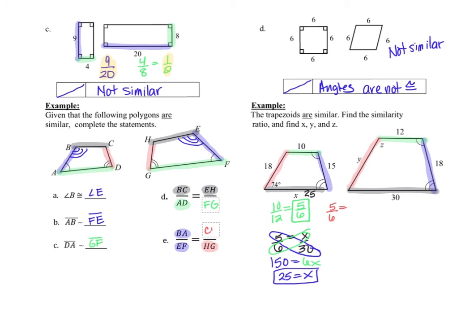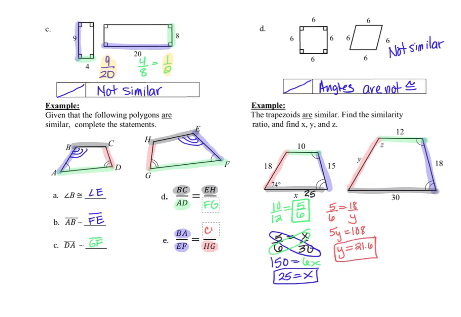So small to large would be 18 to Y, because if you switch the order up, you're going to end up getting the wrong answer. So if we do our cross products, we get 5 times Y, which is 5Y, and then we're going to multiply 6 and 18. That's going to give us 108. If we divide both sides by 5, you get 21.6 for Y.